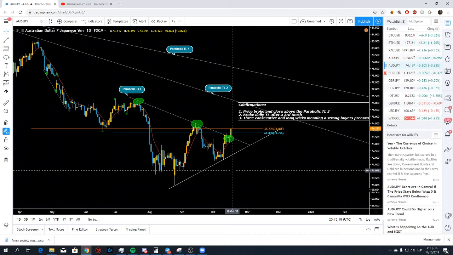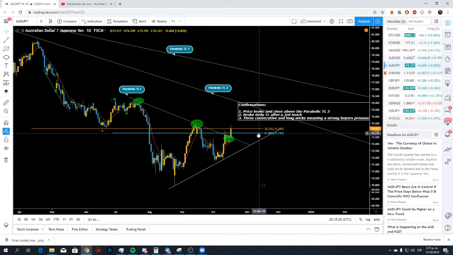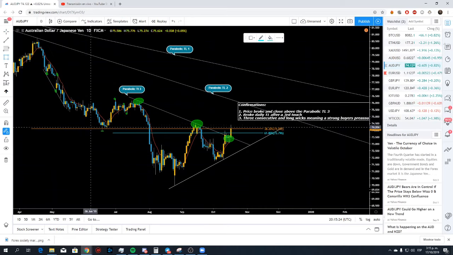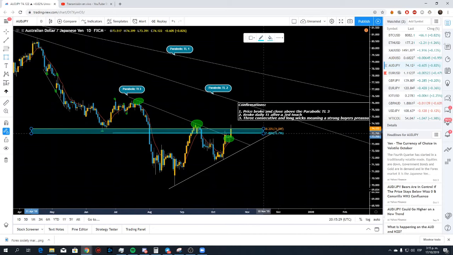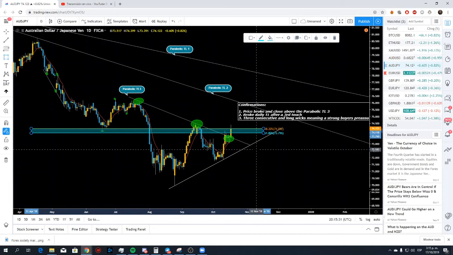It closed above the 61 level. Let's draw a zone here. We can confirm that this zone is a really strong resistance point, because you see how it failed to break below this level here.